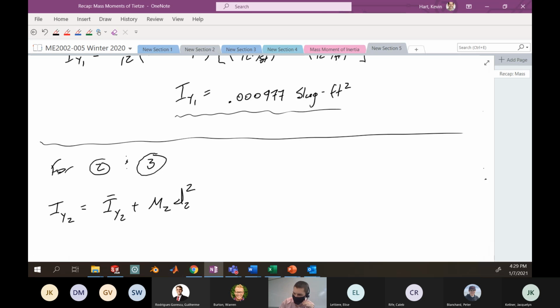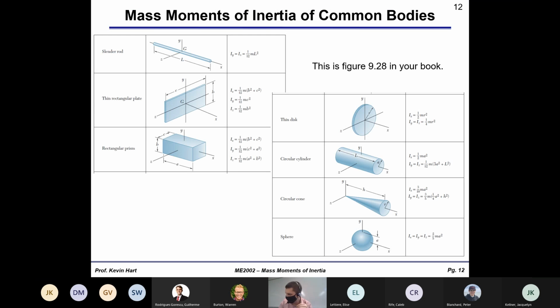For this, get thee to the chart once again. In this situation, you're going to want to look at this proper cylinder. The axis of interest for us is this y-axis, which runs along the center line of this axisymmetric plane, this YZ plane in this particular image.